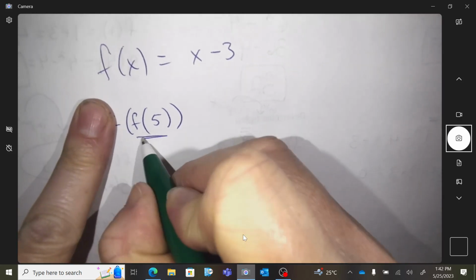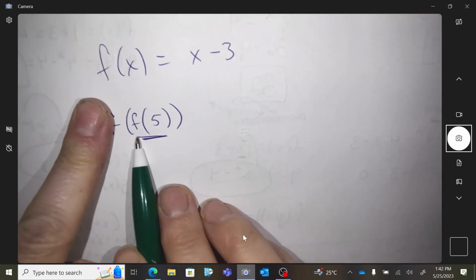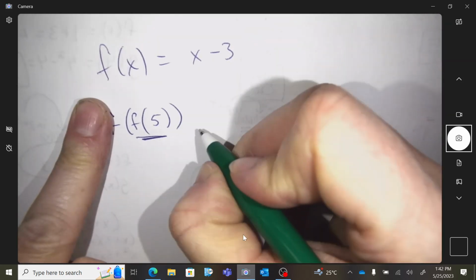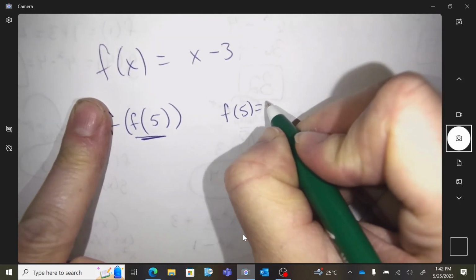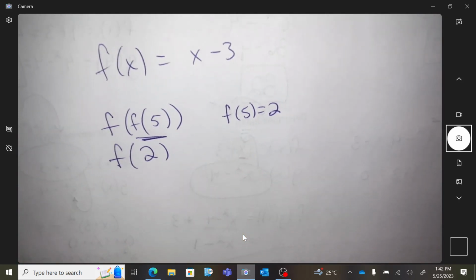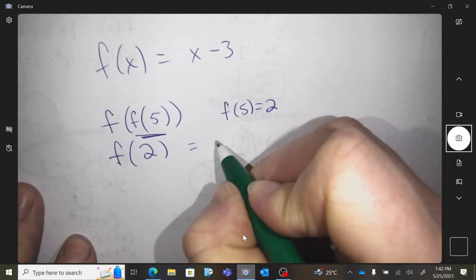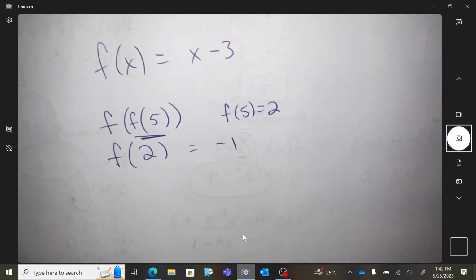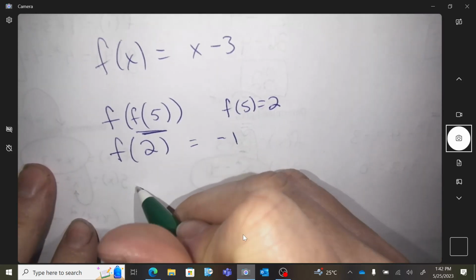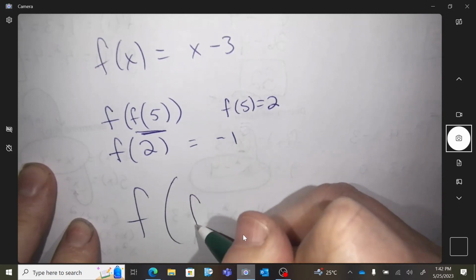You would do this. What is the f of 5? It's 2. And then what is the f of 2? -1. You just plug it in, and then you plug it in again. It's just that you use the same function instead of switching between an f and a g. But it's just the same thing, but you just go back to the f function. So what if I did this to you?